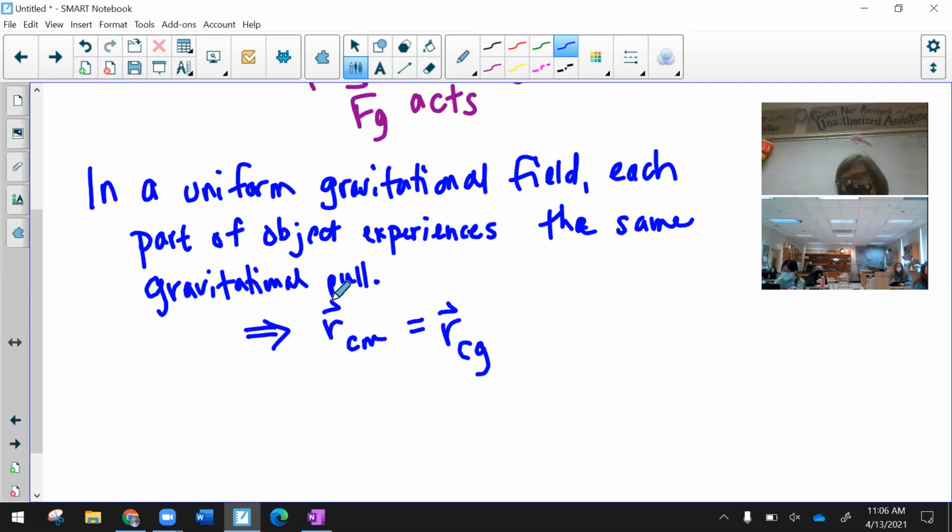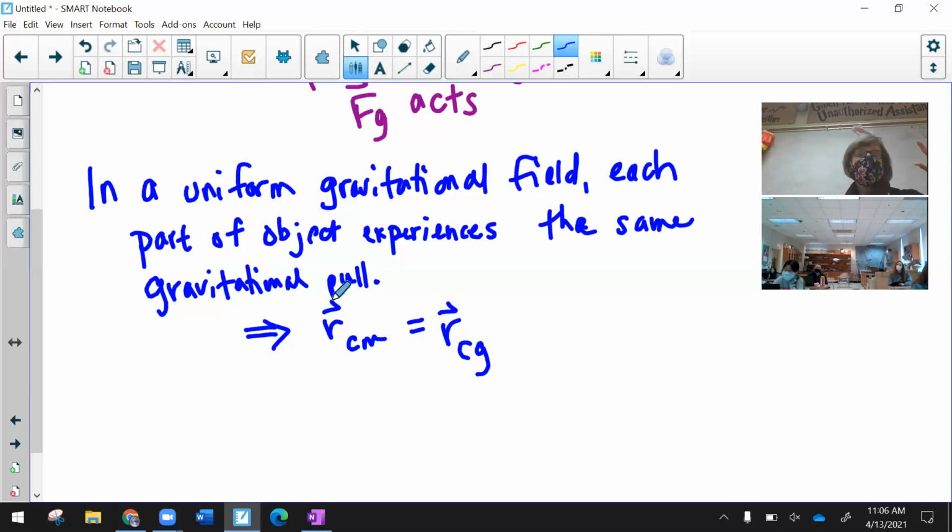A counterexample to that is being near the surface of a black hole. A black hole is so massive that the gravitational pull from it changes. So if you were to go in feet first into a black hole, the pull on your feet is going to be a lot different than the pull on your head. You get spaghettified, as it were.